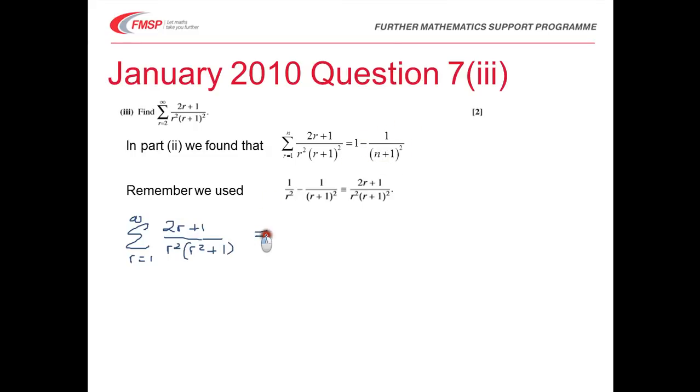So the sum to infinity is going to be equal to 1. So as long as you can see that as 1 over n plus 1 all squared, this bit will tend to 0 as n tends to infinity, as n gets bigger and bigger.